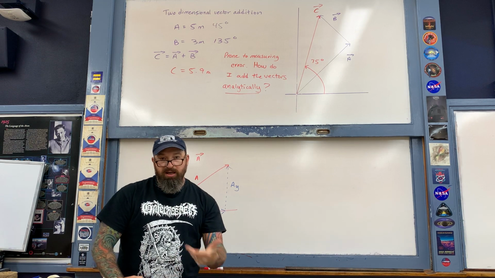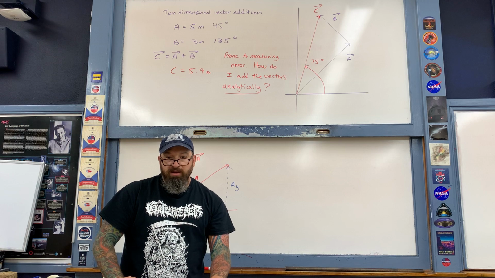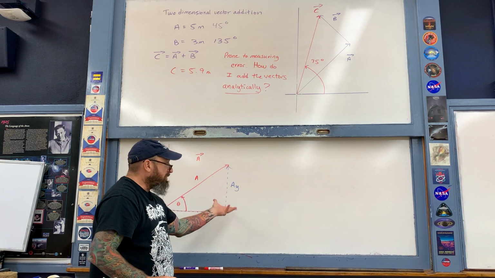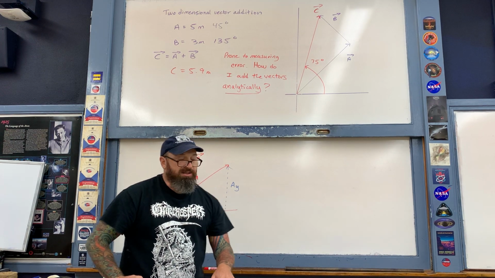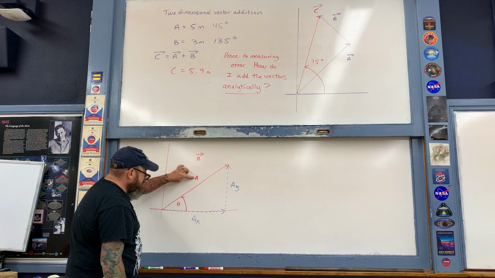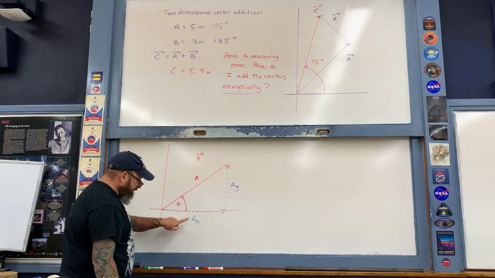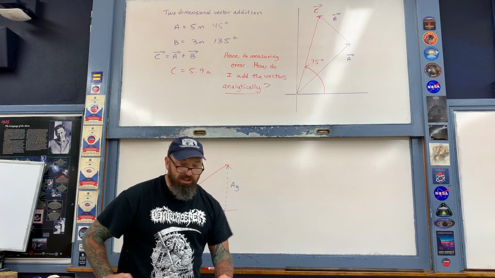So a sub x and a sub y are the lengths of the components of the vector A. Finding a sub x and finding a sub y using this right triangle just simply involves a little bit of basic trigonometry. For example, if we know what A is and we know what theta is, what trigonometric ratio would we use to find a sub x? Very simply, we would use cosine.